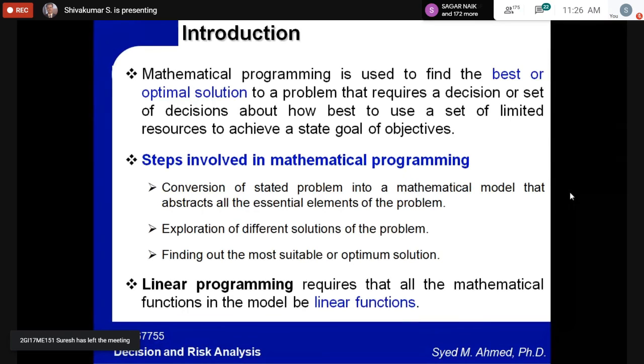Somebody may question here, why this LPP? Why do you want these techniques? Because any problem in the organization, a decision-making problem, can be mathematically formulated. Any problem in the organization, not necessarily a manufacturing organization, it may be even a service organization also.